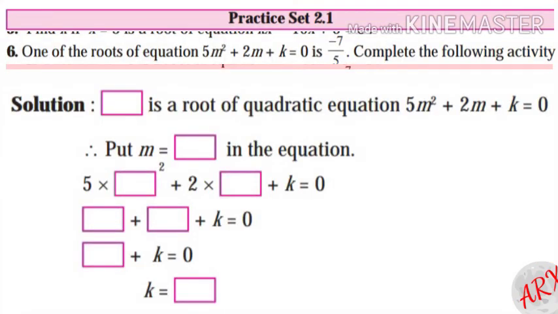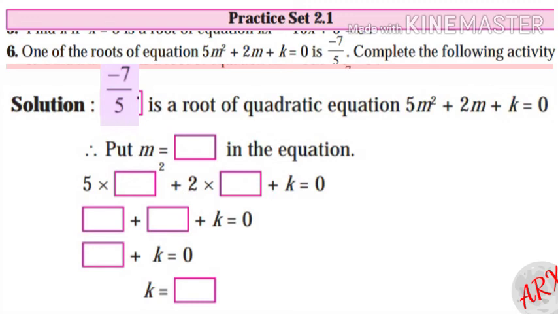Question number 6. One of the roots of equation 5m square plus 2m plus k equal to 0 is minus 7 upon 5. Complete the following activity. Now we will solve the activity. As it is given, minus 7 upon 5 is a root of quadratic equation 5m square plus 2m plus k equal to 0.